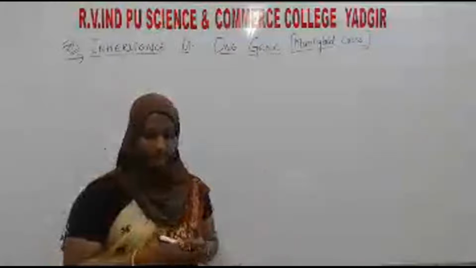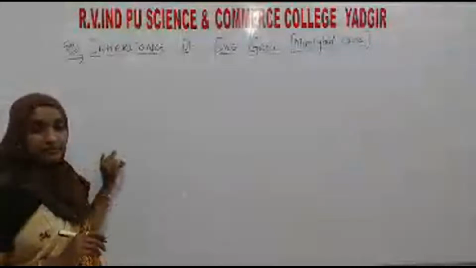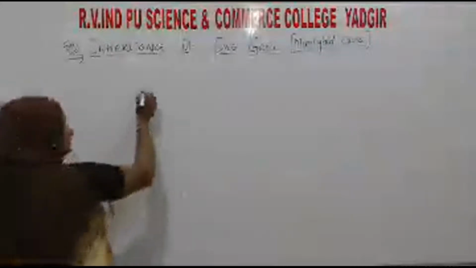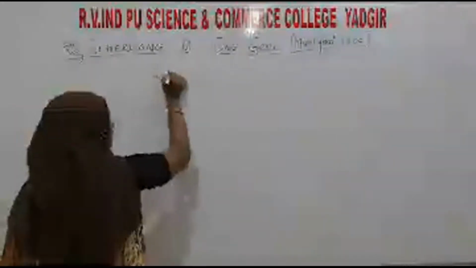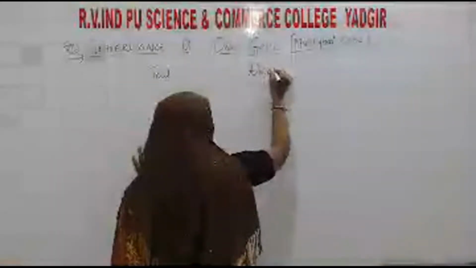So see here, parents. What two pea plants has he taken? One is tall and another is dwarf. These are the parents.